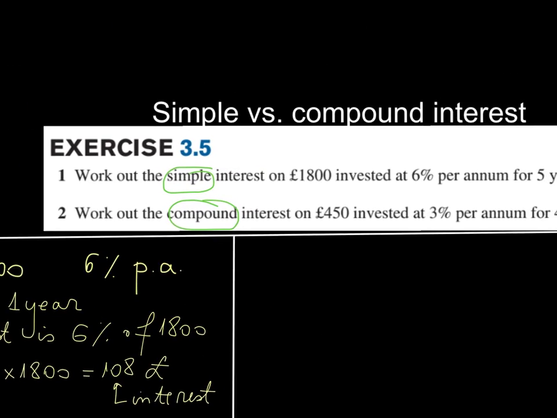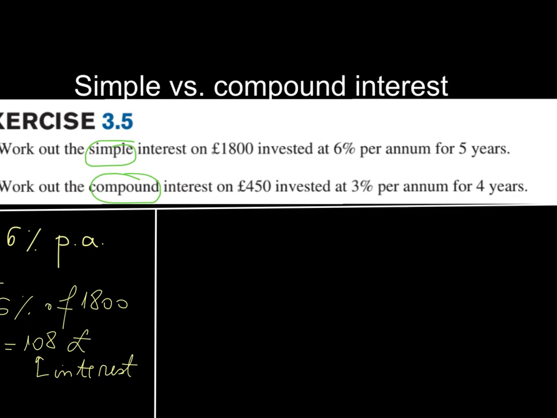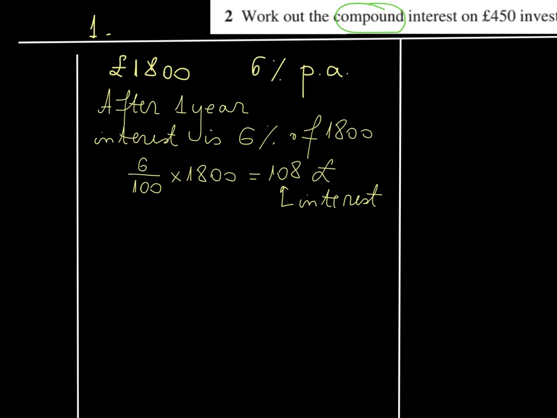So the question says that you invested for 5 years. So every year you get the same for 5 years. So you get 108 times 5. Every year they give you 6% of the same. So it's 540.